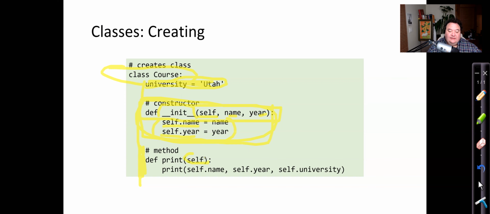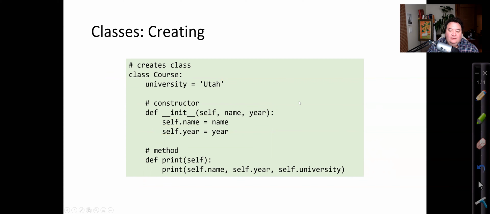So this parameter should always be there. Otherwise, this function wouldn't know how to refer to elements in the instance of this class. And in this case, we simply print the name, year, and the university. Notice the mix: name and year come from variables created in the constructor, while university is a global, shared variable in the class.